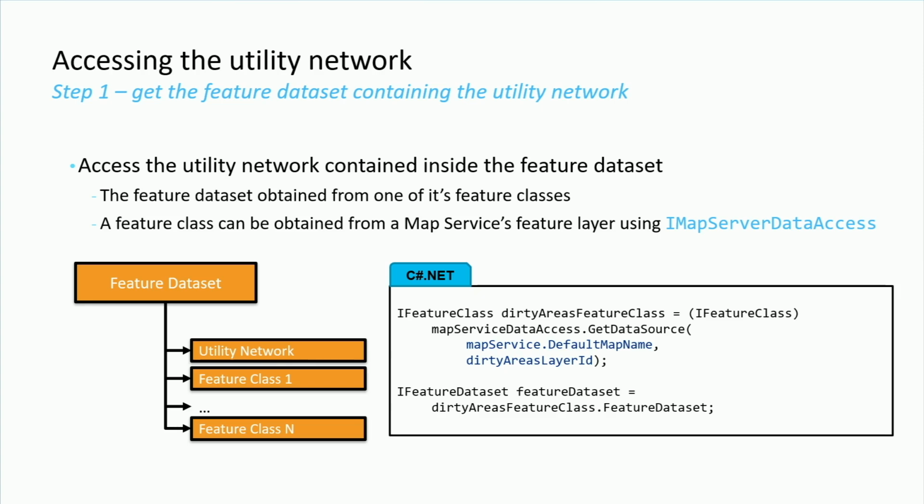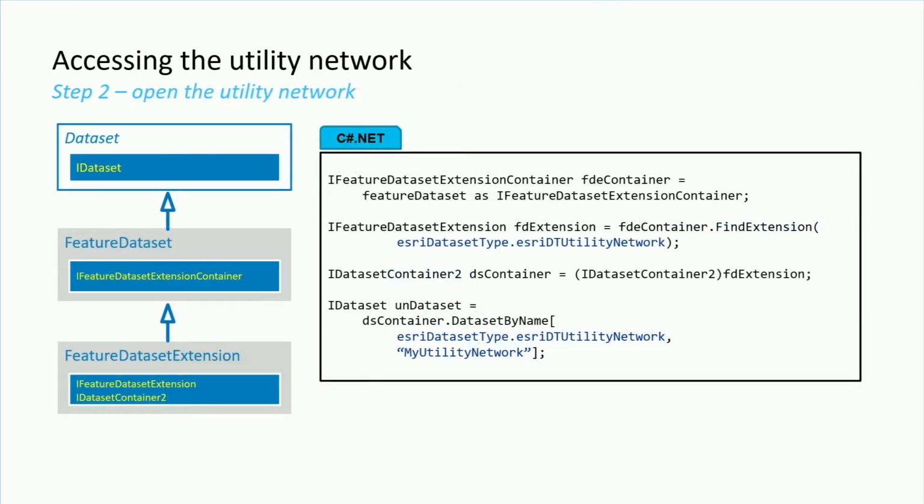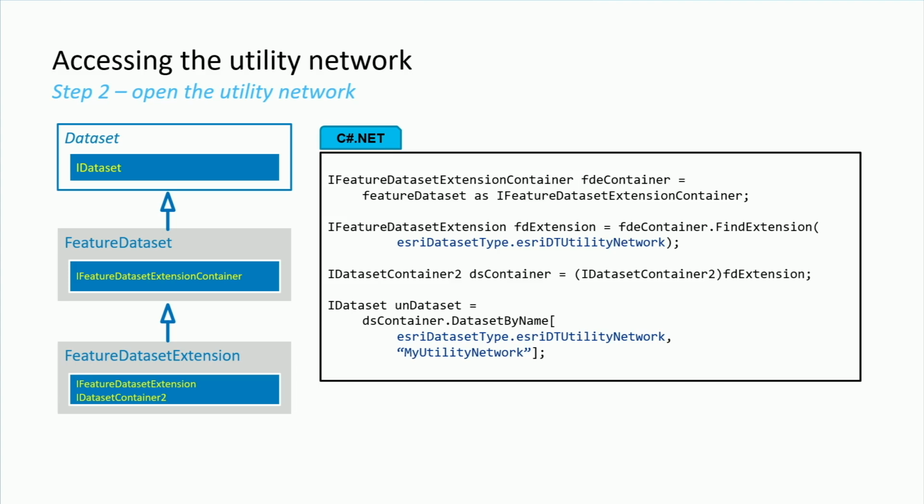And from the feature data set, we can retrieve the utility network. This is one way to do it. This requires you to know the name of your utility network. But if you don't know the name, there's maybe a simpler way, but we'll get to that later in this talk. So for example, once you have your feature data set, you can cast it to an iDataset container and use dataset by name to fetch your utility network.